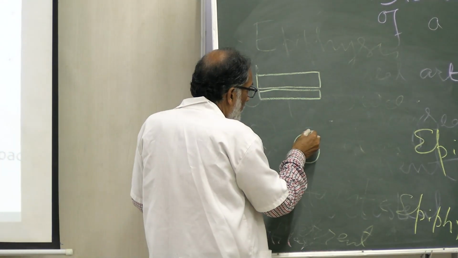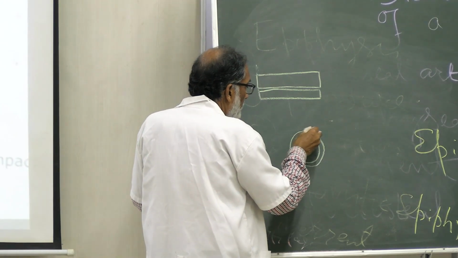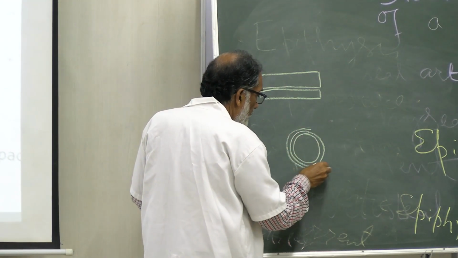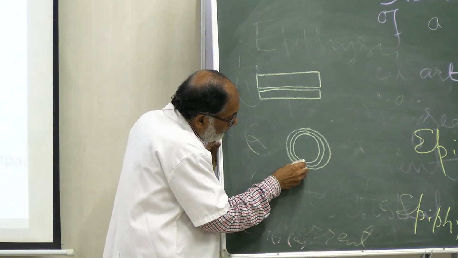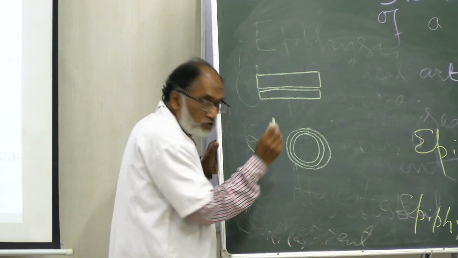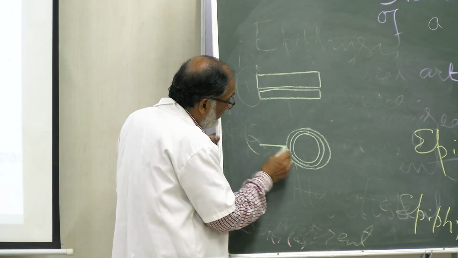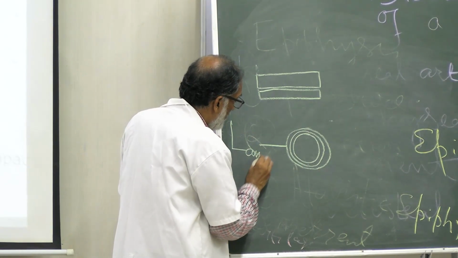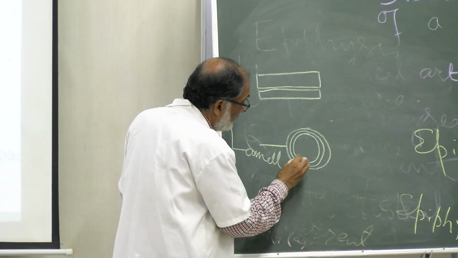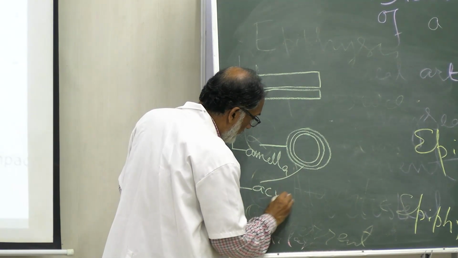One layer, another layer, another layer. Between two layers, this space is known as lacunae, and this layer is called lamella.